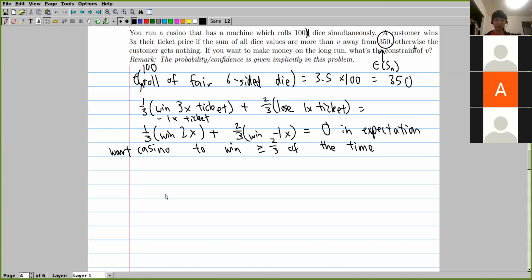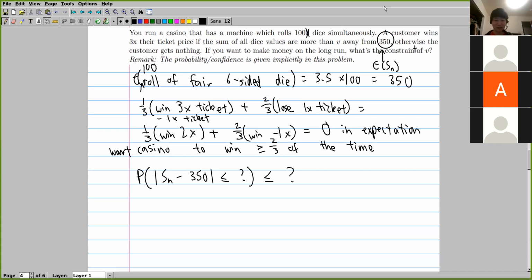All right. So let's try to set up a skeleton of what this should be. I'll just write it as Sn because it makes it easier. And then 350. All right. So we have 2 blanks to fill in.